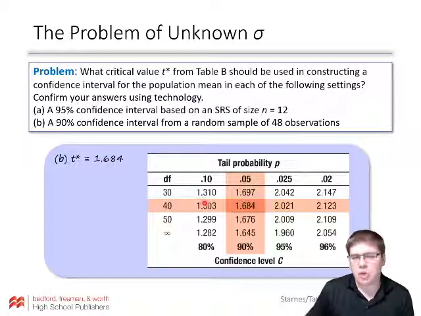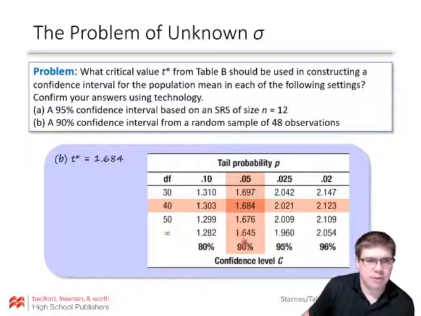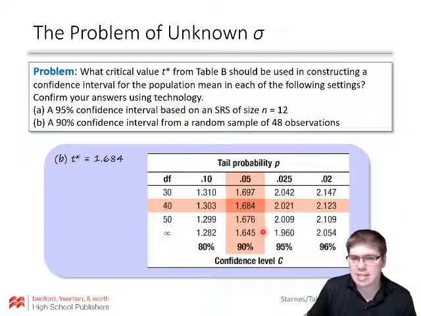So what you can do is go with the conservative degrees of freedom. That's what's recommended, though I've seen the AP test accept the rounded value, and so you could go up to this one. But going with the conservative one, you can get a t star of 1.684 by choosing the 90% confidence level column and the conservative 40 degrees of freedom: 1.684. Turns out that's not actually the best answer.